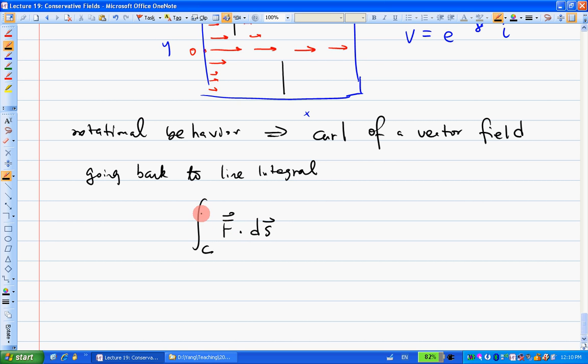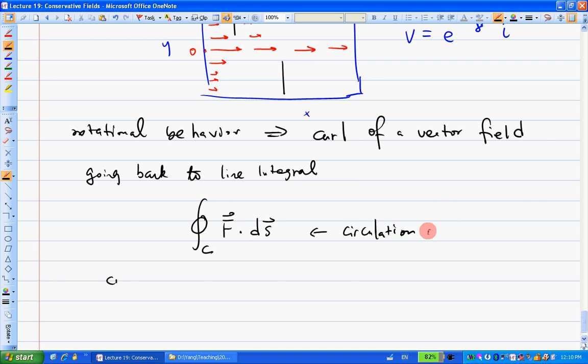Particularly, one of the line integrals that we were talking about is a line integral over a closed curve c. Okay, closed curve c. So when we have an integral with a circle here, this is the line integral over a closed curve c. Now, for this particular case, this is called circulation, right? If you recall that, circulation.